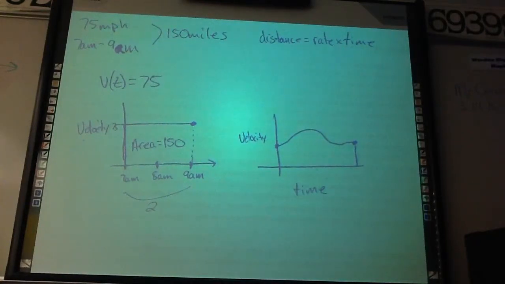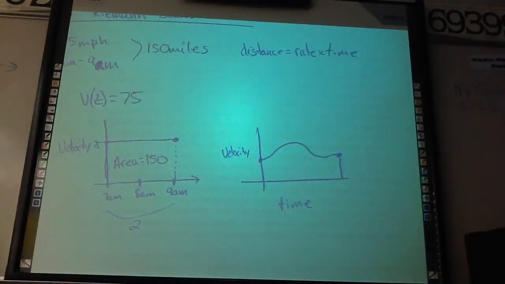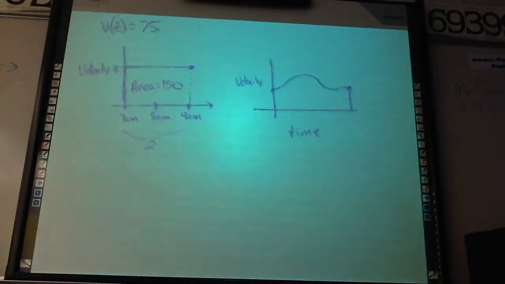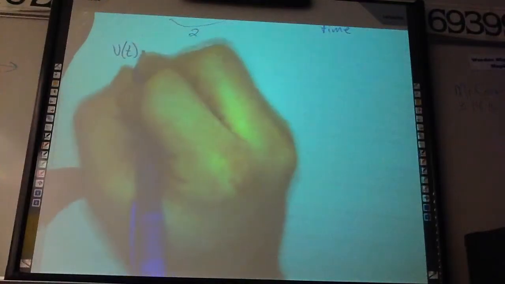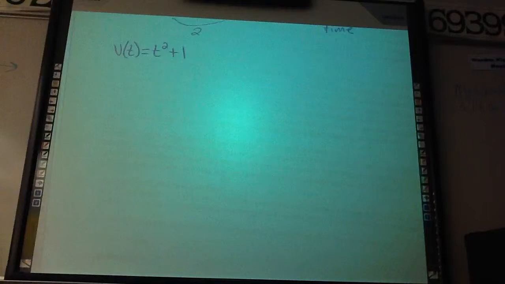So let's do a different one. Let's say you've got a velocity function, v of t equals t squared plus 1. Your velocity depends on your time.